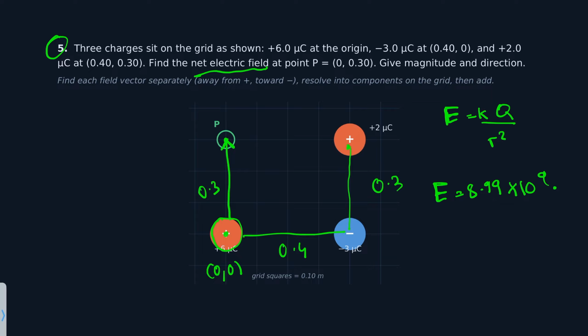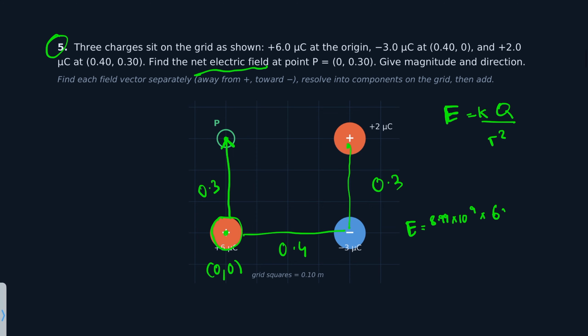So actually let me give myself some more space here. The field is 8.99 times 10 to the 9 times 6 times 10 to the negative 6 coulombs, right? Micro is negative 6, and that over 0.3 squared.